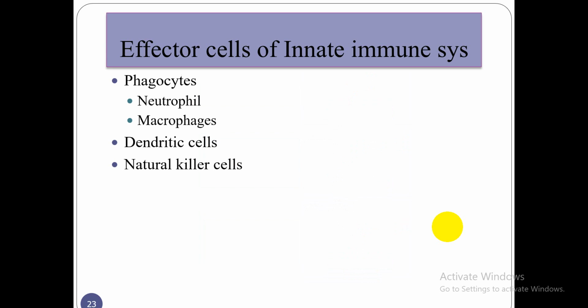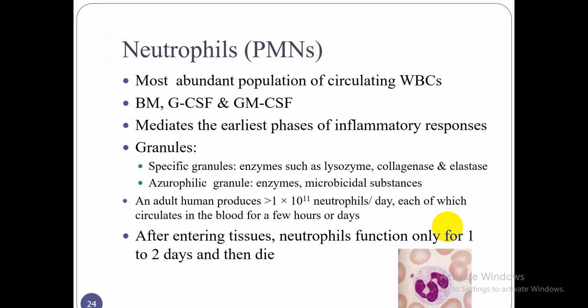Effector cells of the innate immune system include phagocytes like neutrophils and macrophages, dendritic cells, and natural killer cells. Neutrophils or polymorphonuclears are the most abundant population of circulating white blood cells.